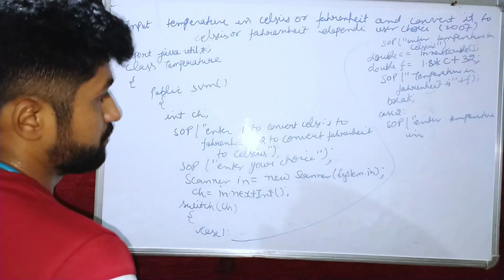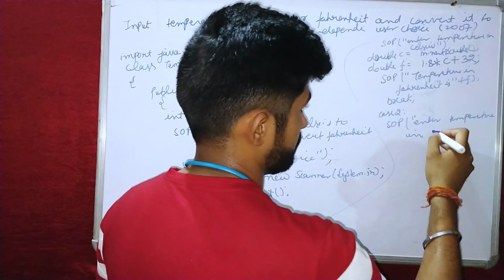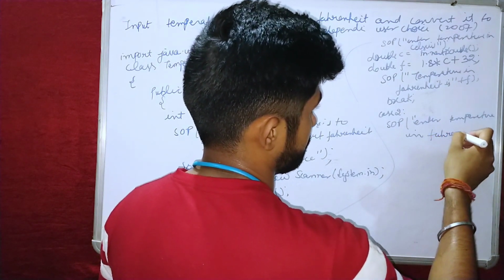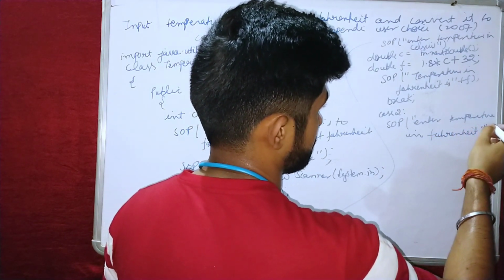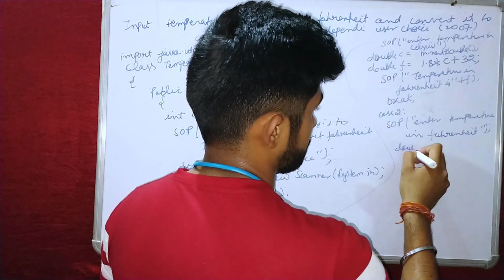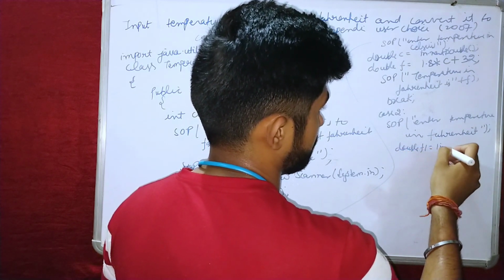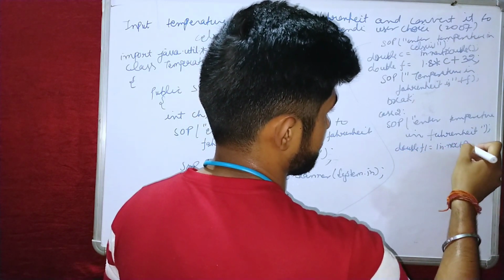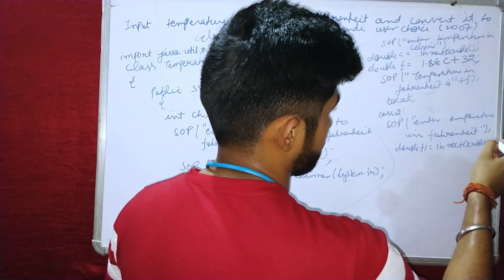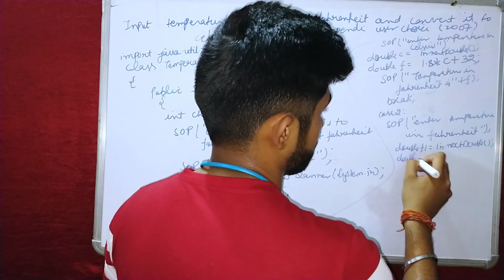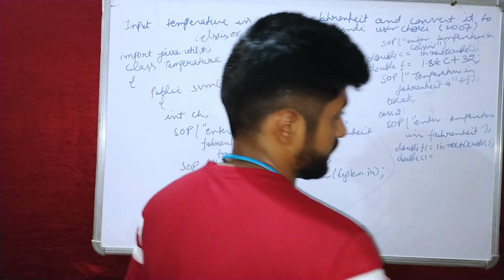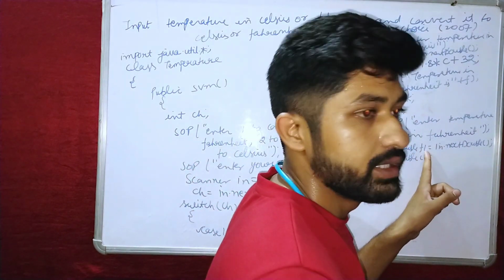You have to enter now the temperature in Fahrenheit. double F1 equal to n dot nextDouble. double C1 equal to. Now you have to convert this Fahrenheit into Celsius.